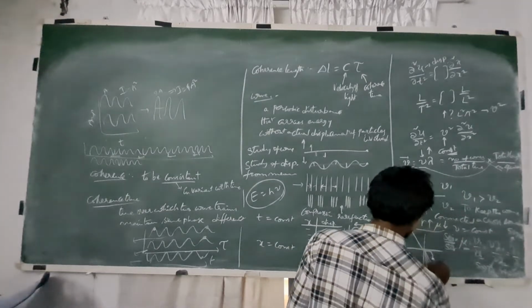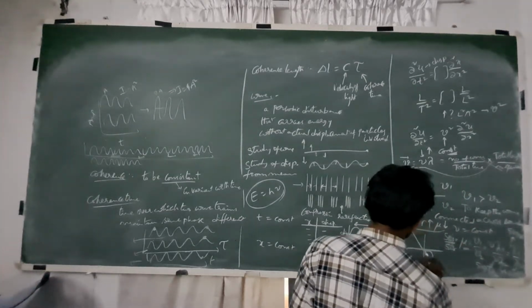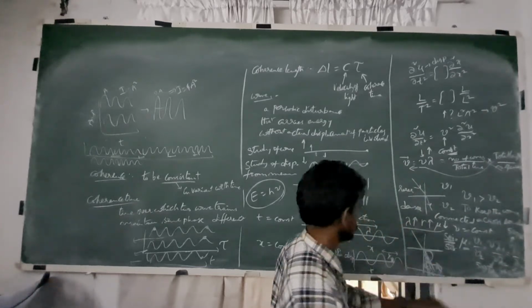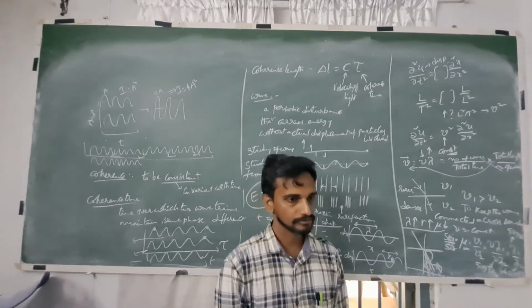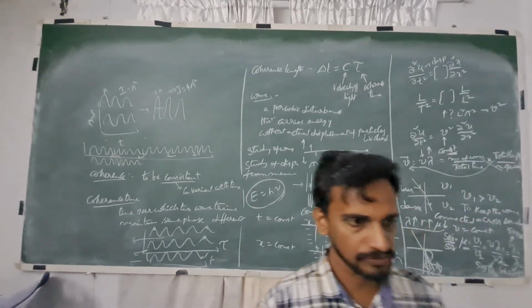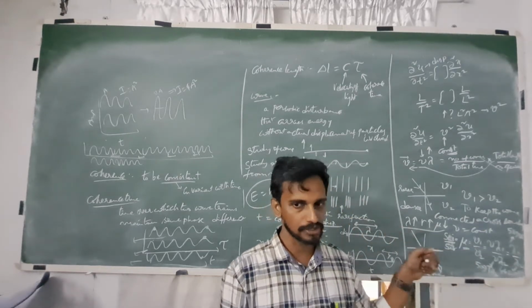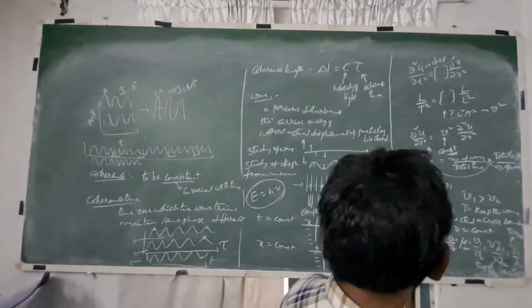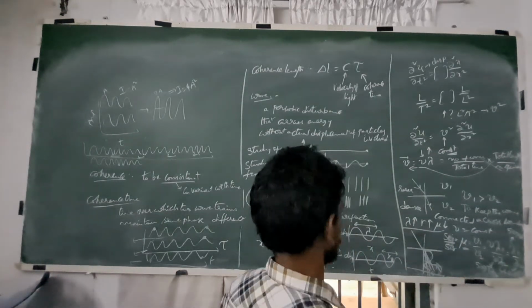So if red has a longer wavelength and we have 1.5 waves here, blue also will have say 1.5. So longer wavelength waves take a longer path, shorter wavelength waves take a shorter path. So ultimately everybody will come out at the same time.